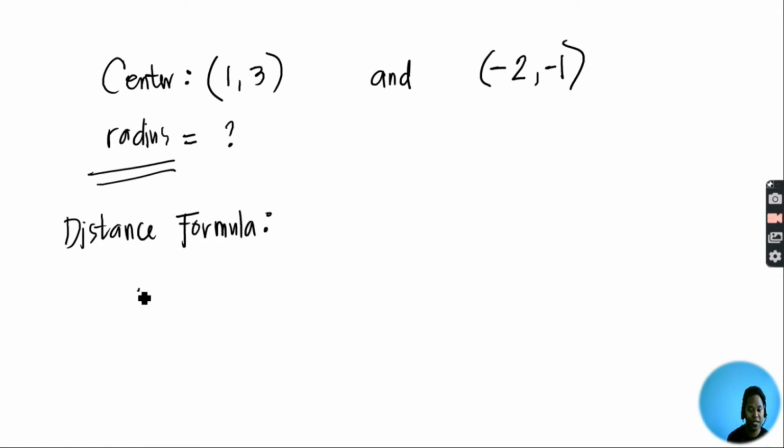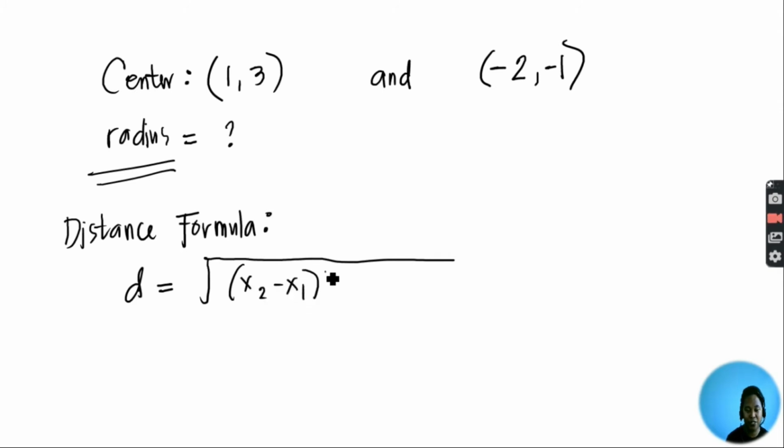Ito yung D is equal to the square root of (x sub 2 minus x sub 1) squared plus (y sub 2 minus y sub 1) squared. Yan po yung ating distance formula. Since yung ating hinahanap ay length ng radius, palitan natin yung D ng R. Ito na po yung ating length ng radius.